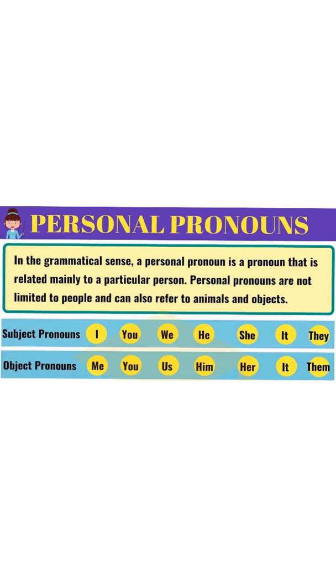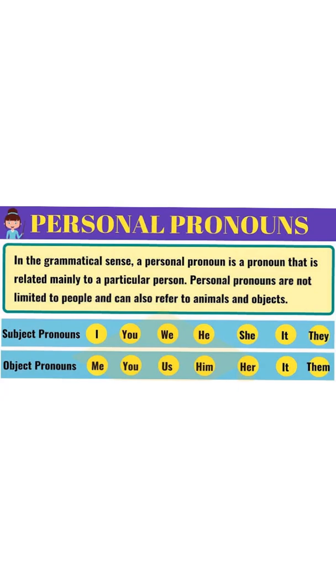So, a pronoun which stands for a person or a thing is called a personal pronoun. And they are called personal pronouns because they refer to the first, second, or third person in sentences.